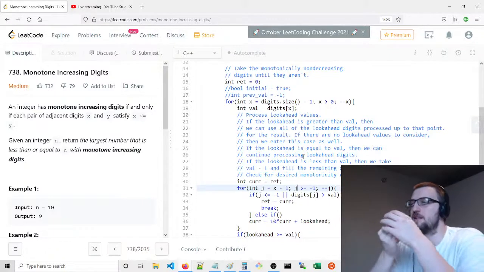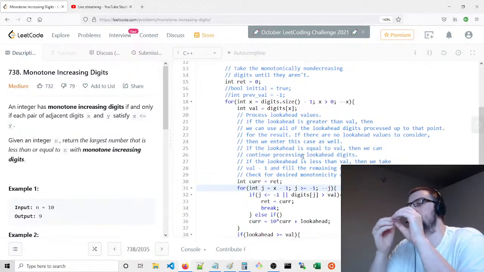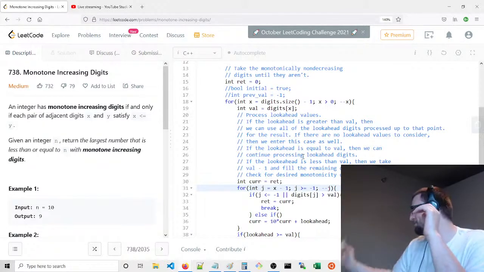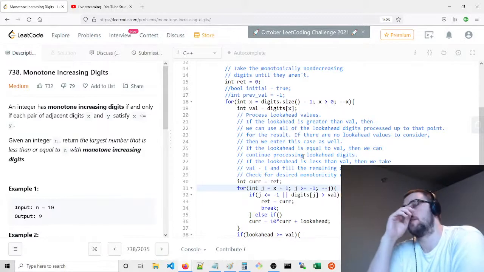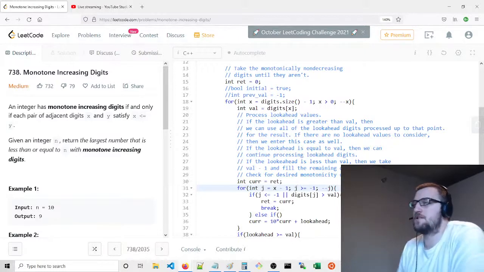Trying to decide whether or not I want to take this digit. I guess you could just add this part here.